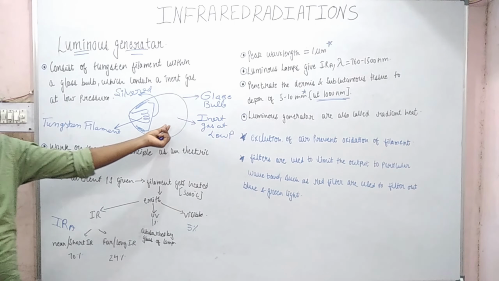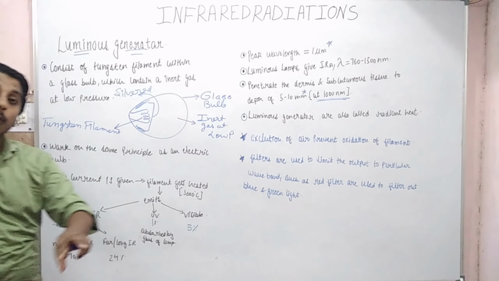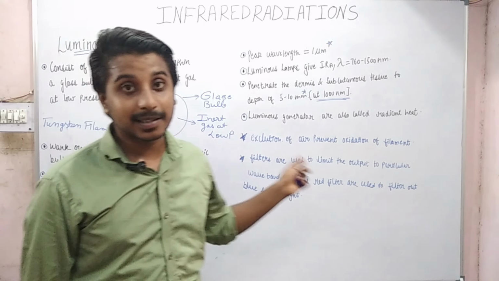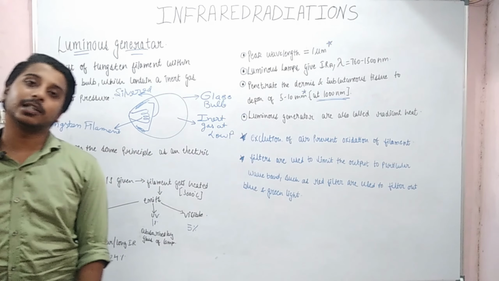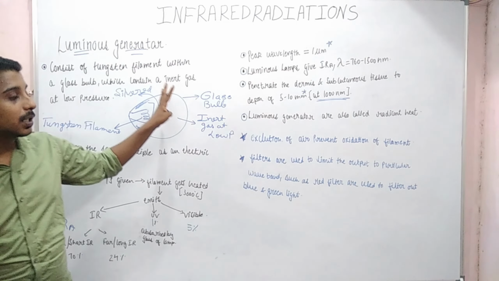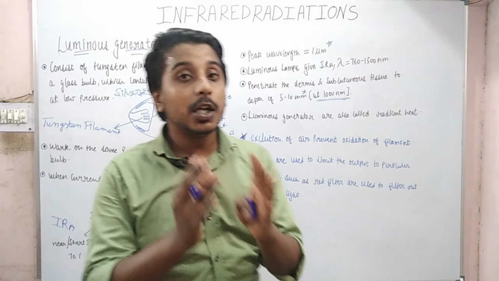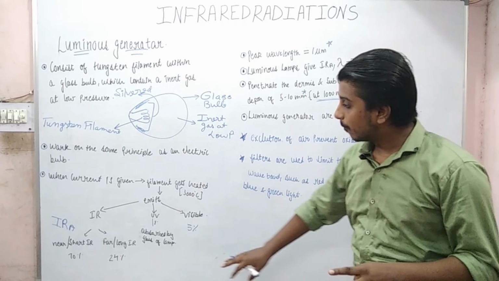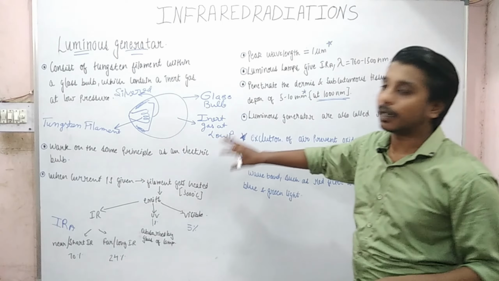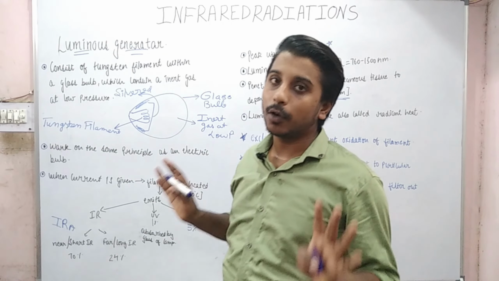And why is there an inert gas at low pressure? To prevent air inside it, so that it does not cause oxidation of the tungsten filament. So this is the whole thing about the luminous generators. You just need to understand this diagram. It is sufficient for you.